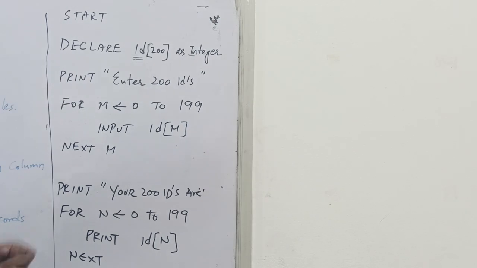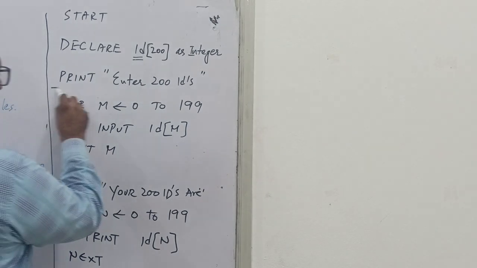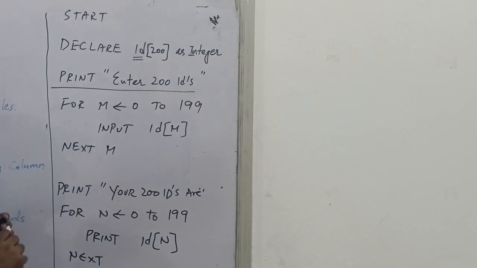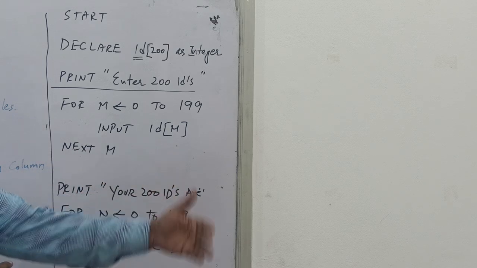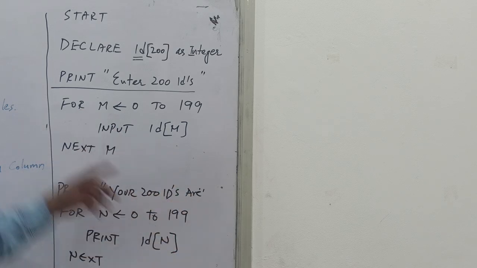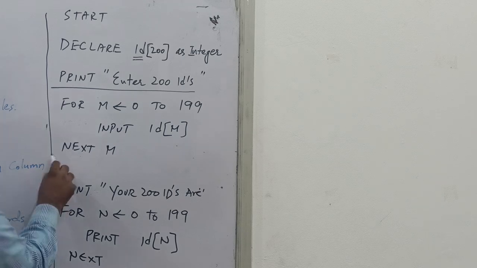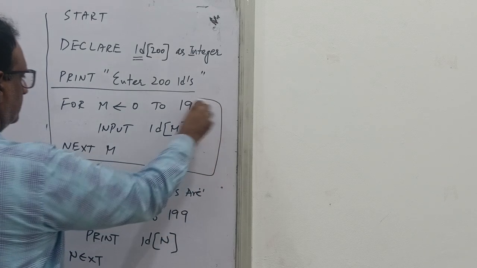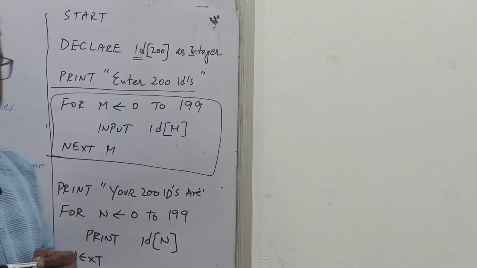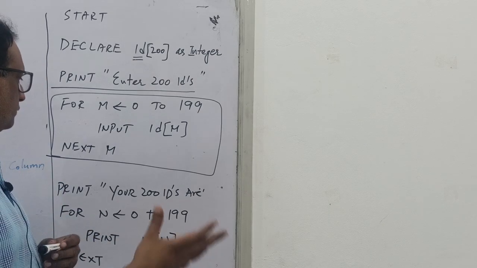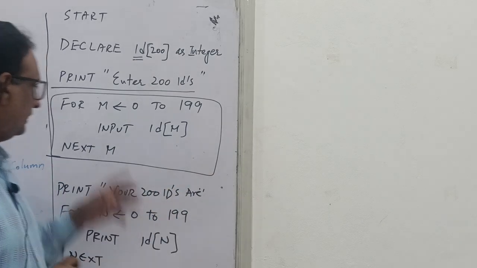Now just come to the next line. It says print enter 200 IDs, and now instead of repeating the input 200 times, I am using a for loop. You know how the for loop works. You can consult the previous lessons and find out how the for loop works.